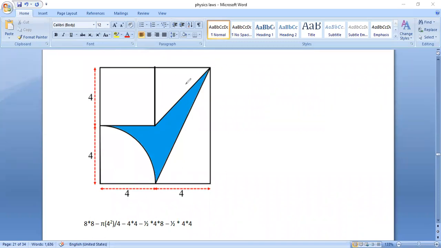Only this part was unknown, but if you draw a straight line from this point, it will divide into a square and another right angle triangle, correct? So this is a square, so side of the square is 8 centimeter.